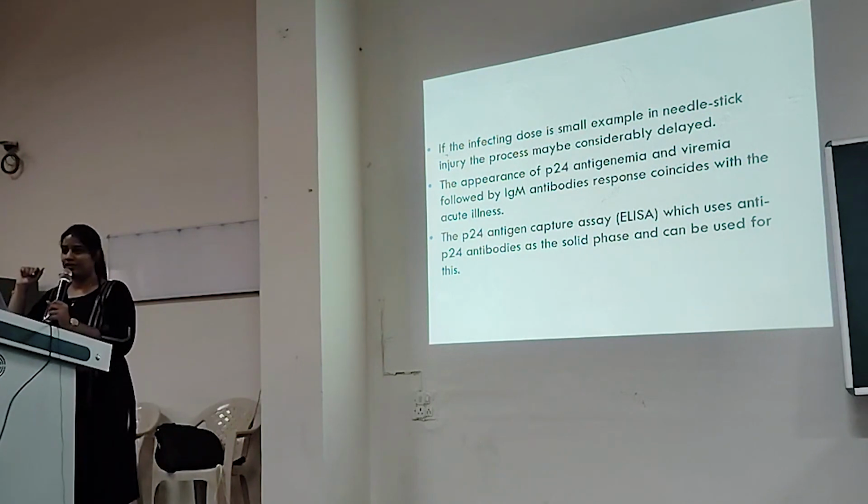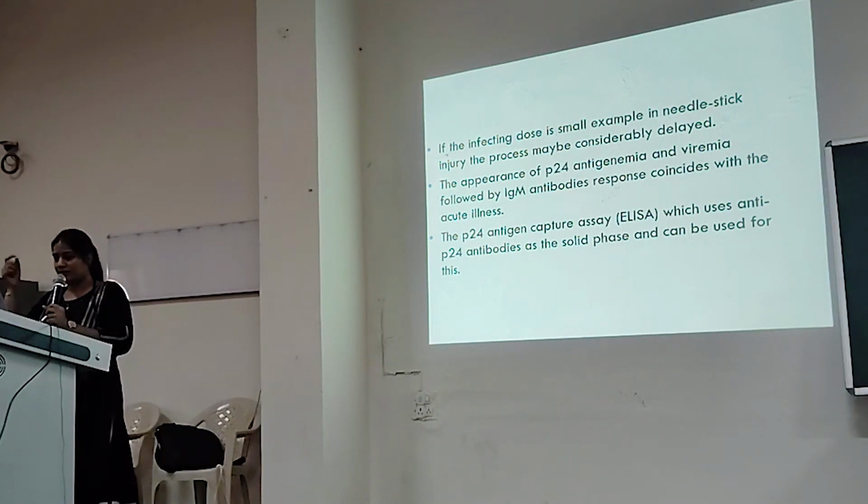The P24 antigen capture ELISA: for ELISA, we do an antigen and antibody reaction. The test container contains antibodies and the sample we put on it will have the P24 antigen, and that reaction is captured.